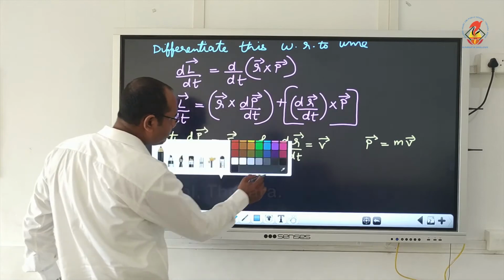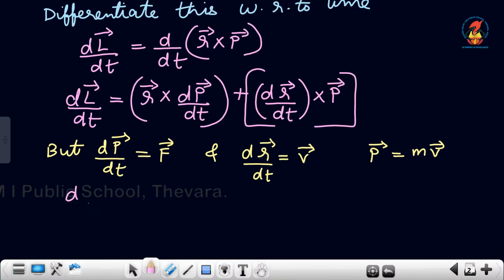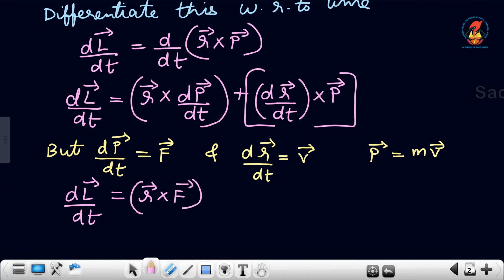So I will get dL by dt is equal to r cross, instead of dp by dt, what should I write? F, plus dr by dt is written as v cross, instead of p I will write m into v.